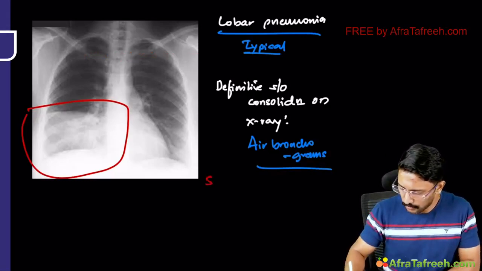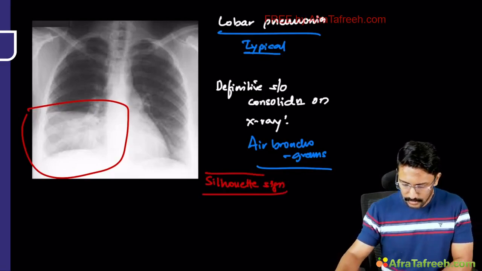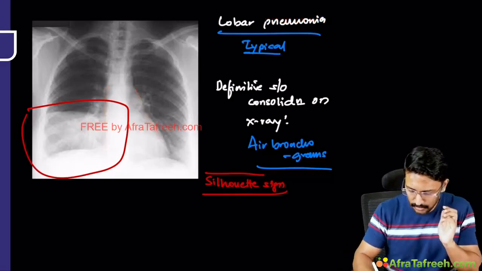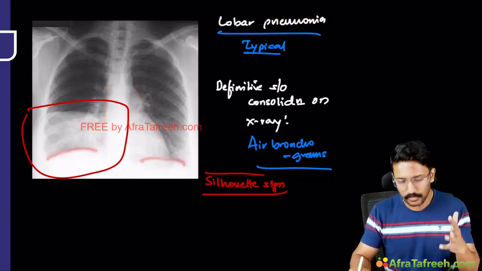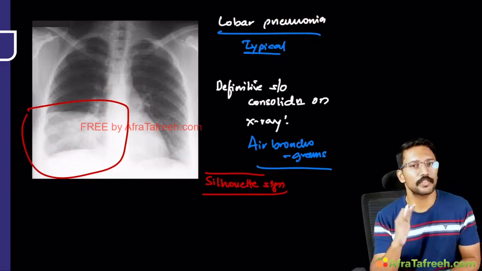What am I talking about? Silhouette sign. So you will try to see the major cardiac markers or major surrounding structures, borders, which are being obscured by this opacity. That tells us which lobe is affected.